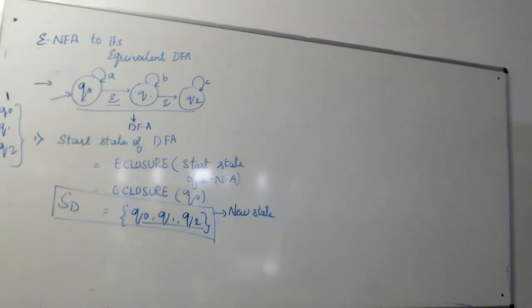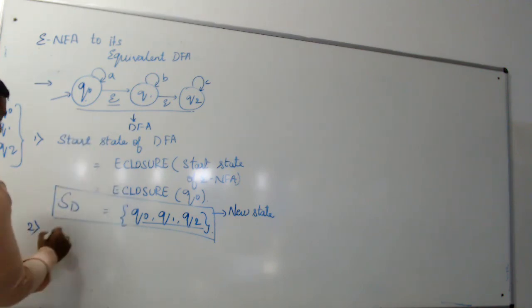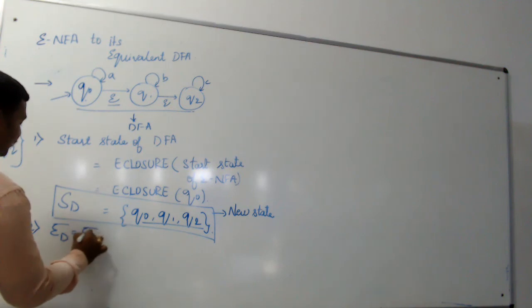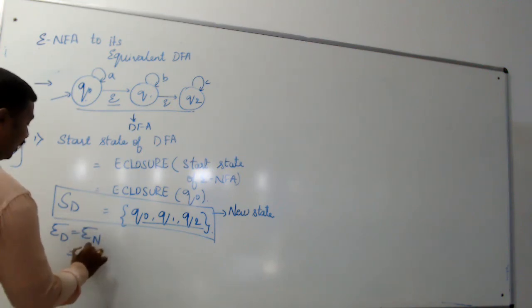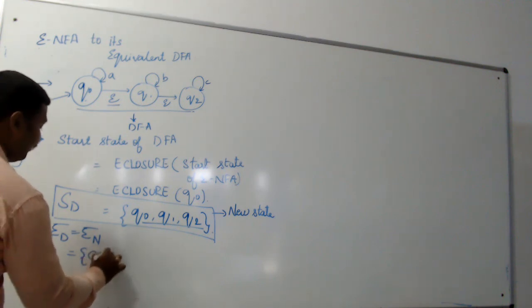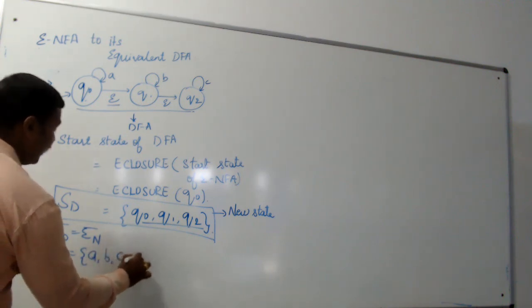Before going to that, the second step is to identify the alphabets. The alphabets of your DFA will be the alphabets of your NFA. So the alphabet set will be A, B, C, and epsilon.